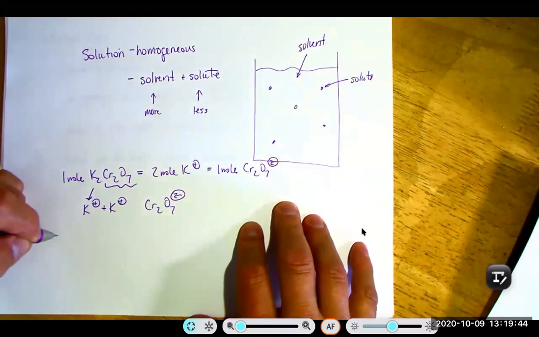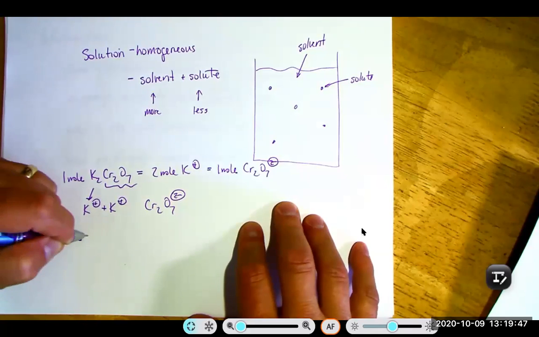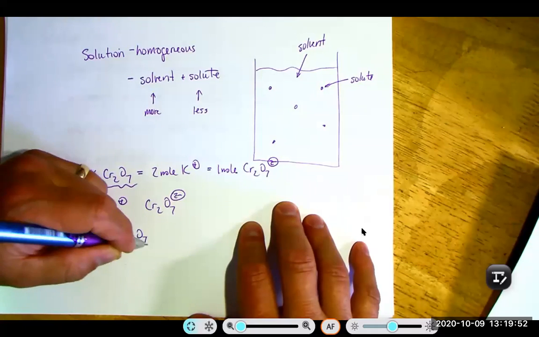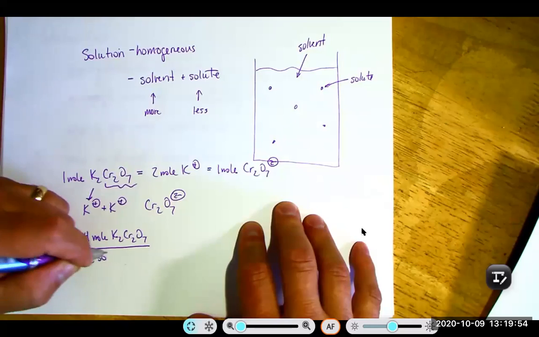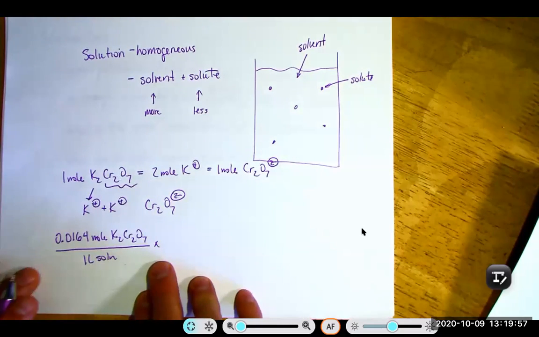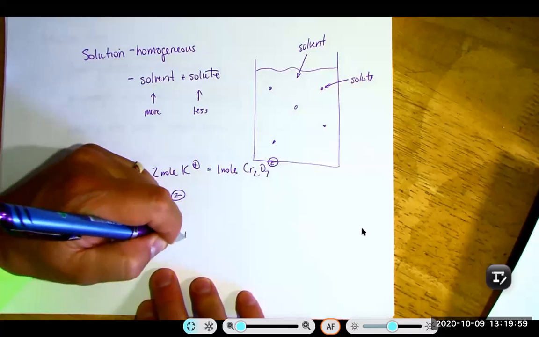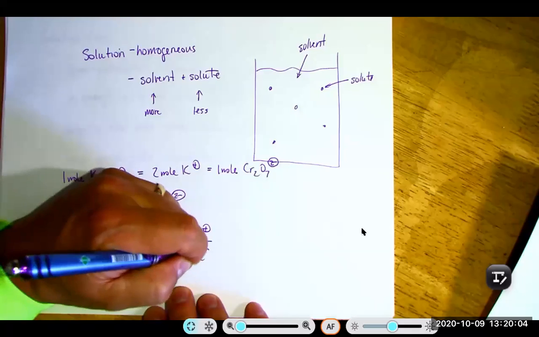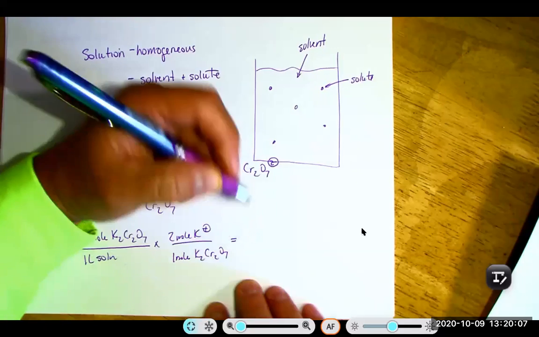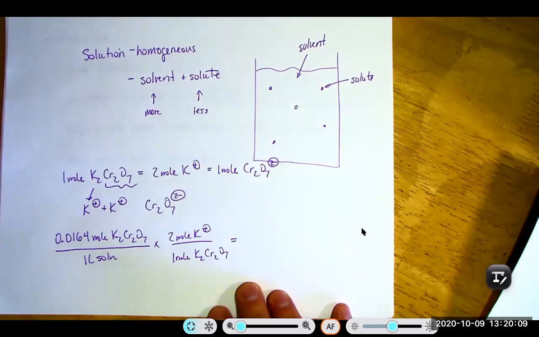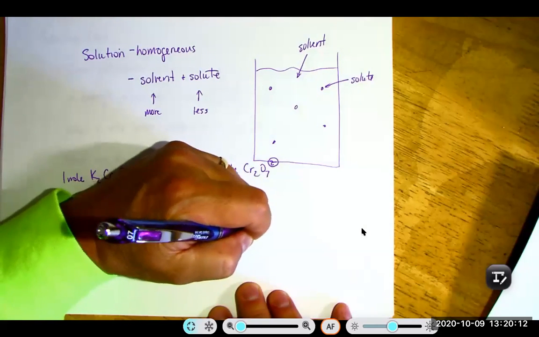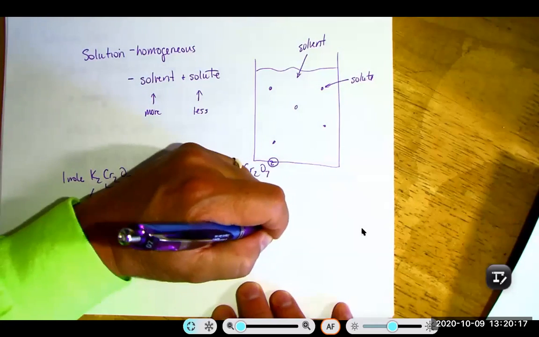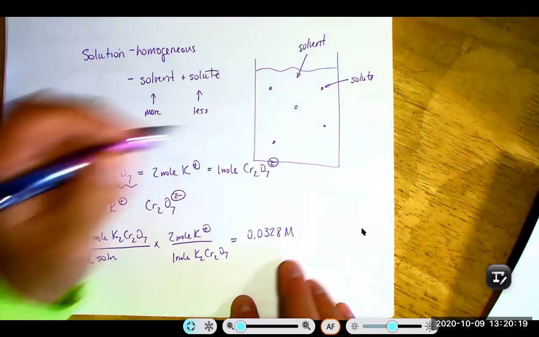So that means if I have 0.0164 mole of K2Cr2O7 per 1 liter of solution, we can multiply by 2 moles of potassium per 1 mole of K2Cr2O7, and we end up getting this number times 2. I'm going to go ahead and abbreviate right away.